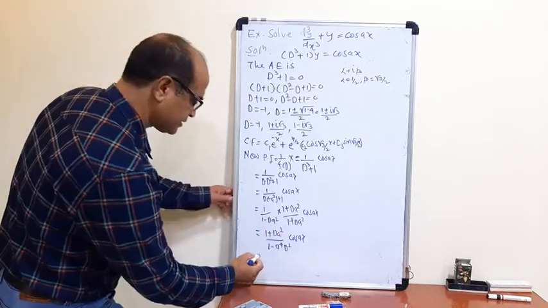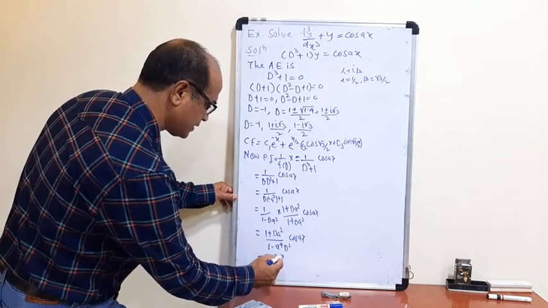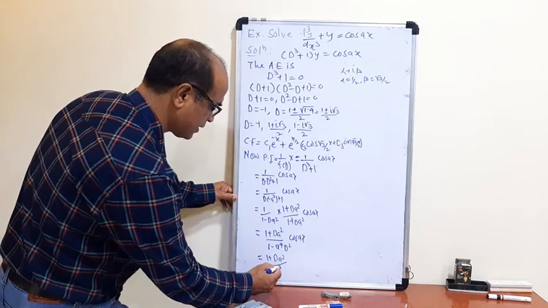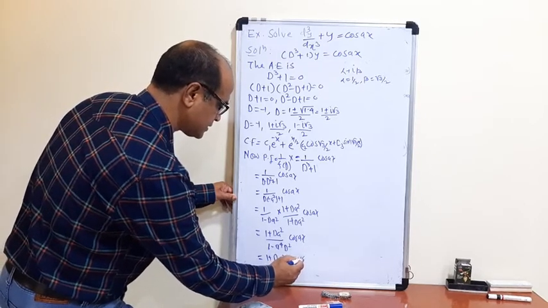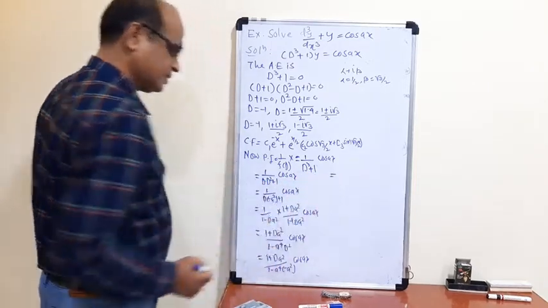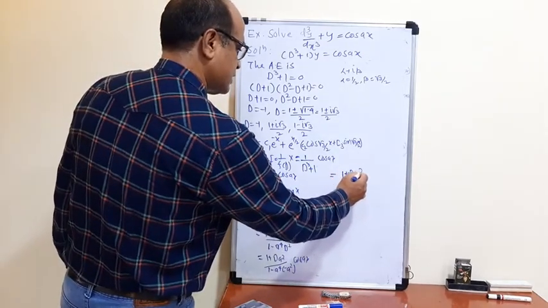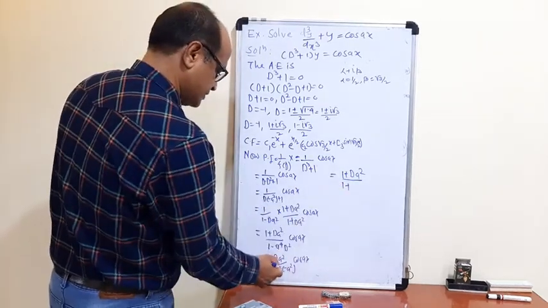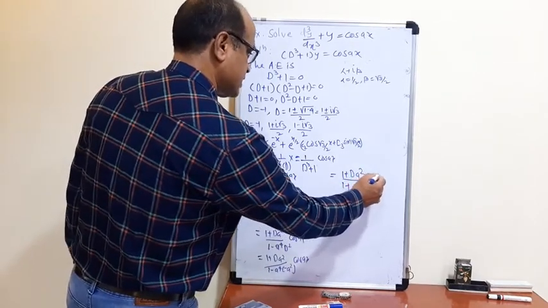So this is 1 plus d a square divided by 1 plus a raised to 6, cos ax.